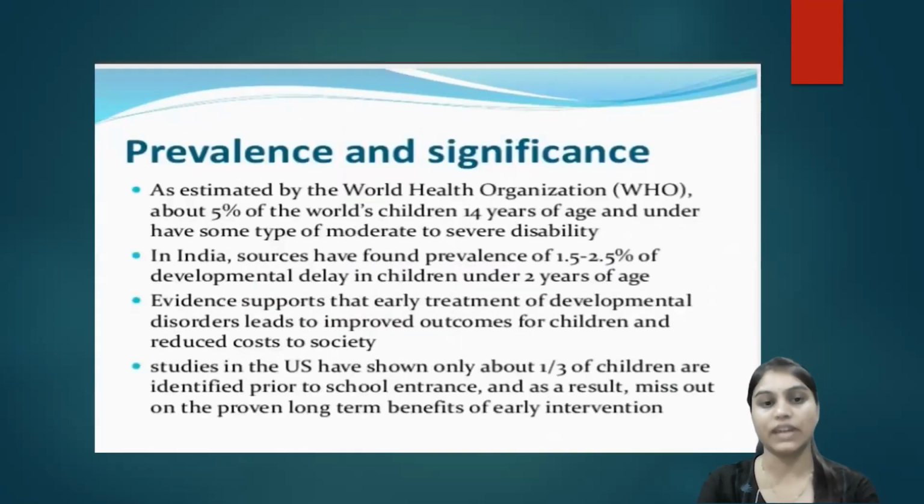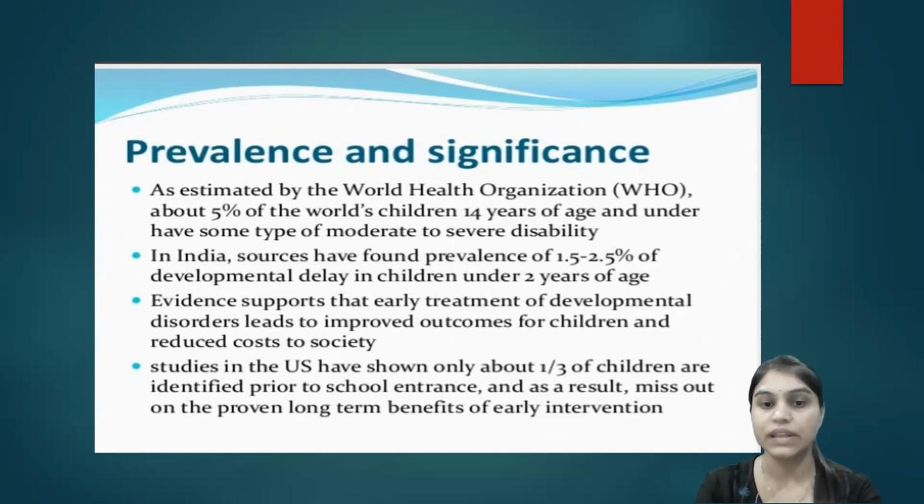Prevalence and significance. As estimated by the World Health Organization, about 5% of the world's children 14 years of age and under have some type of moderate to severe disability. In India, sources have found a prevalence of 1.5 to 2.5% of developmental delay in children under 2 years of age.